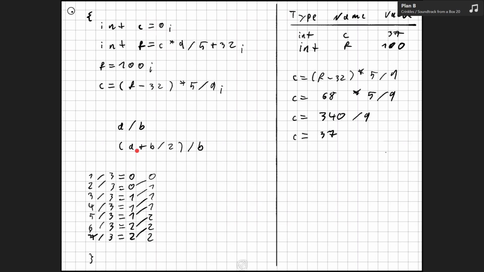And if we take our value, our a, and just add a certain number to it, we effectively shift which result we want. And we shift it by exactly half of b, following the rules for C#. So with this, we mean b divided by 2 rounded towards 0.